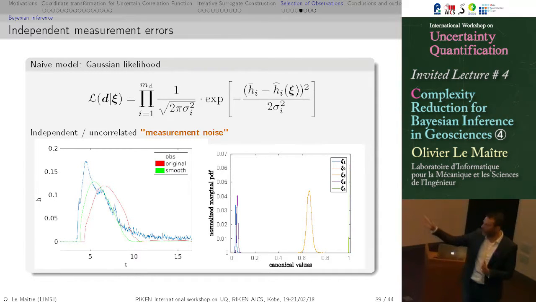Second point is that if we were to look at the residual, comparing our best prediction to the measurement, it's very clear that this residual is not corresponding to our likelihood model. It's not Gaussian, it's not independently distributed, and it certainly doesn't have the right variance. So clearly, this is not good.